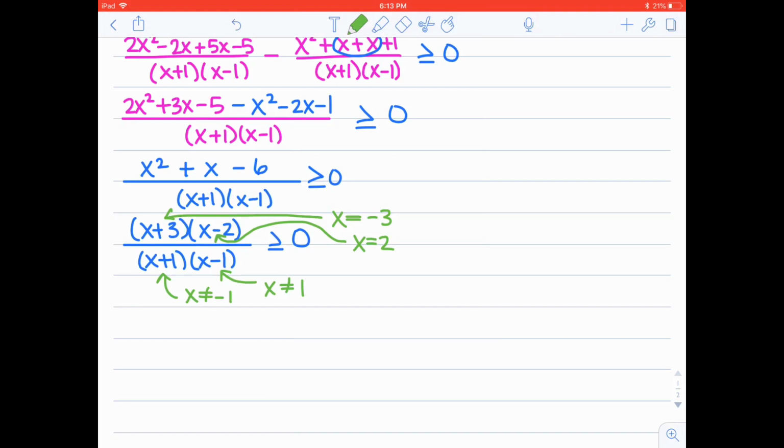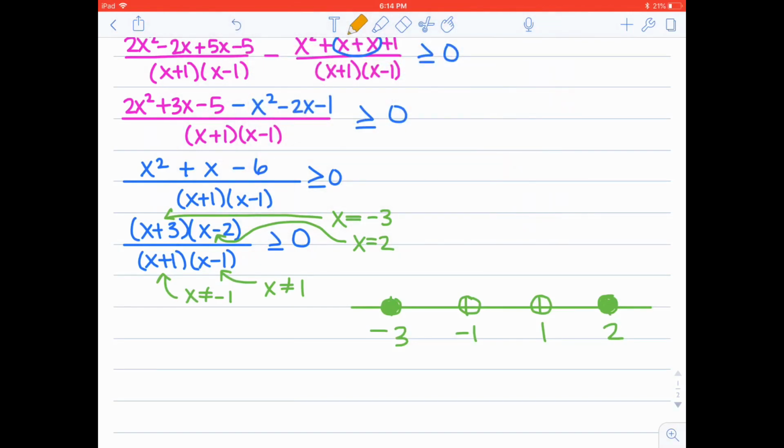So I'm going to draw my number line with those things that I know. That's negative 3, and I can equal negative 3, so I'm going to fill that in. Then we have negative 1, which I cannot equal, and positive 1, which I cannot equal, and positive 2, which I can equal. Now I'm going to choose numbers on each side of all of those.